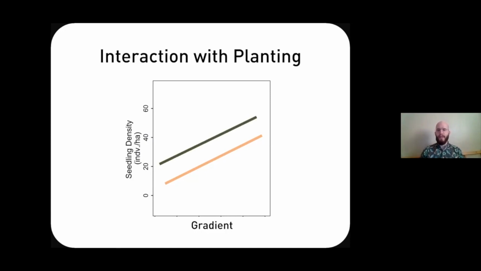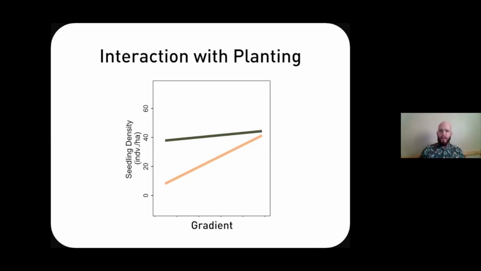These two lines are parallel because they're responding the same way, and planting just gives the same boost everywhere. But if there's an interaction in the model, you might see something that looks more like this, where at the stressful end of the gradient, planting provides a significant boost in seedling density, whereas at the unstressful end, it's not actually adding too many more individuals to the area.